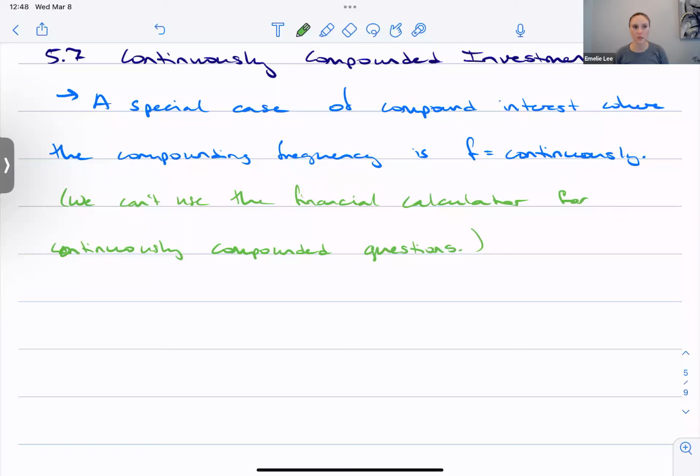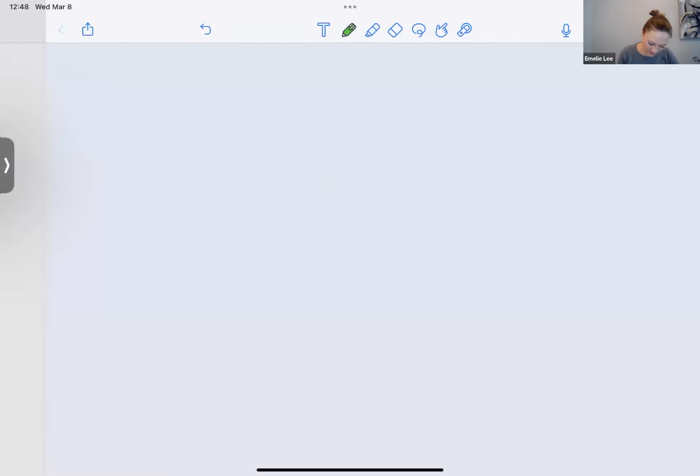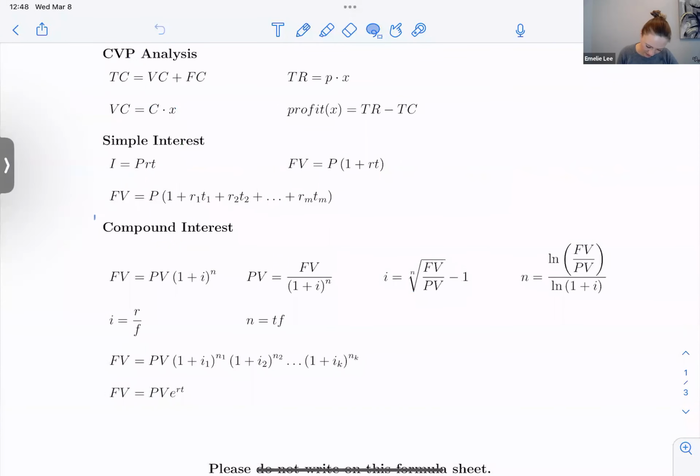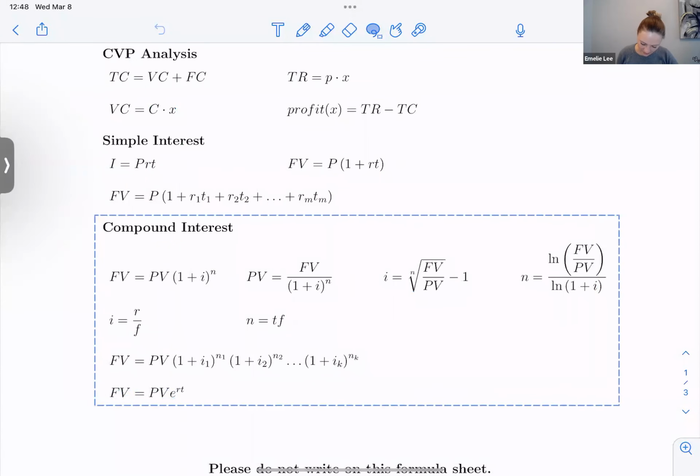So we can only calculate them by hand, that's fine. And it's the final thing on your formula sheet for compound interest. Way down here, it's tiny.